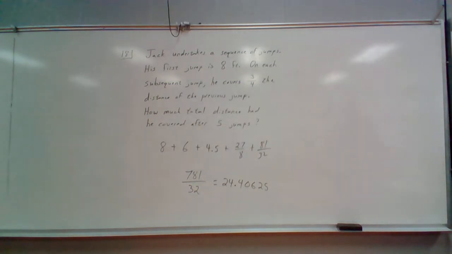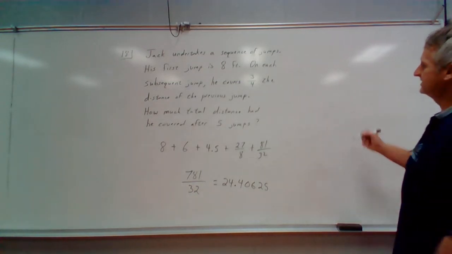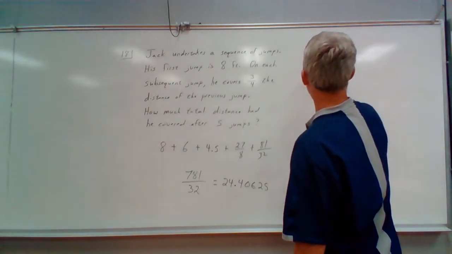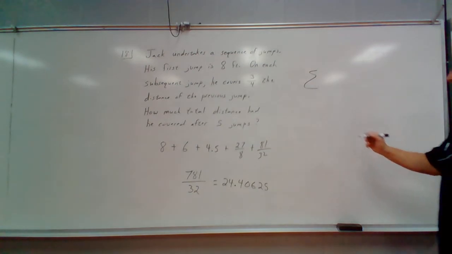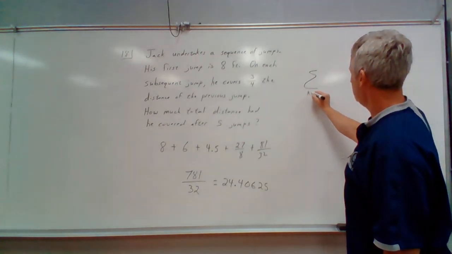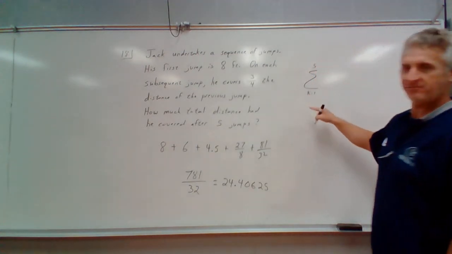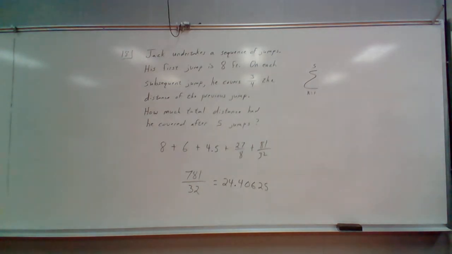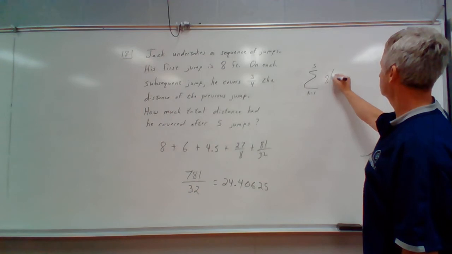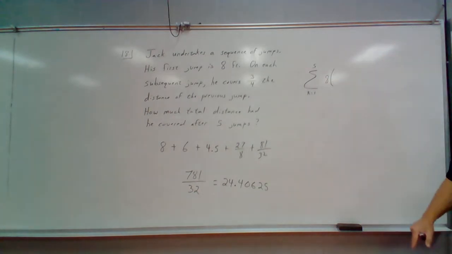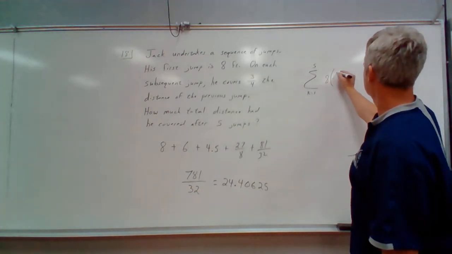All right, let's solve this same problem a little different way. We could write this out in our sigma notation, or series notation. So we're going to go from k equals 1 up to 5. Those are my 5 jumps. My initial jump was 8 feet. My common ratio was 3/4.